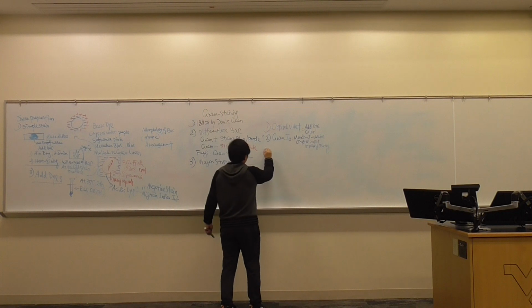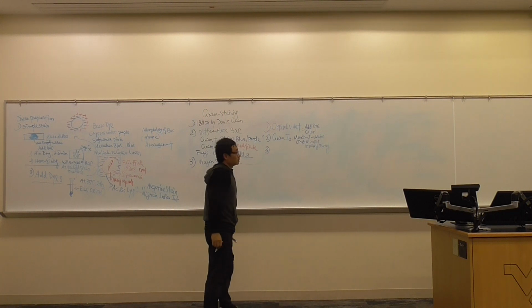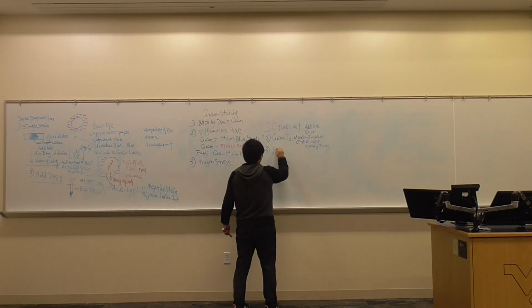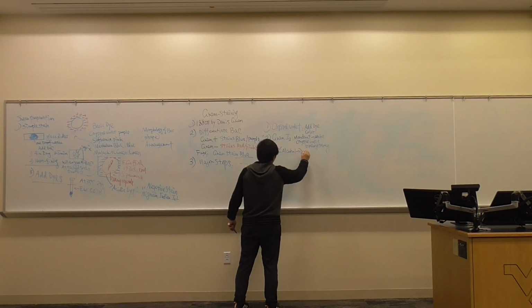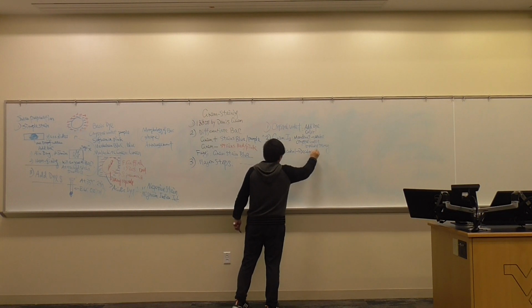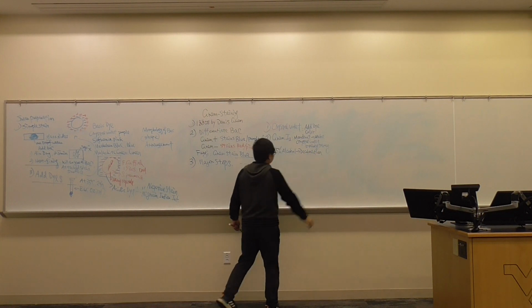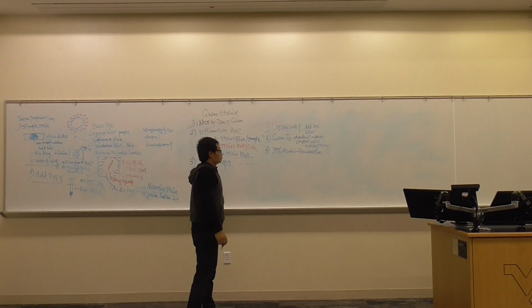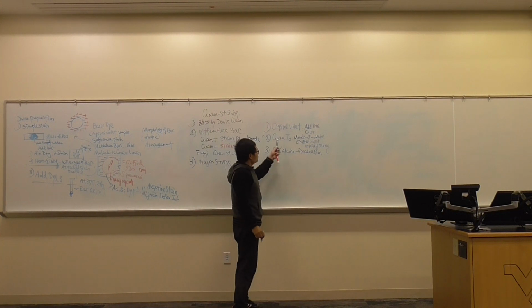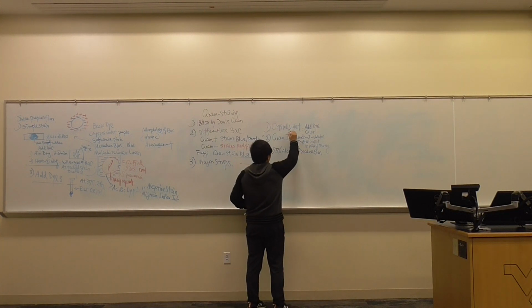Okay, the next step is very important. We're using 95% alcohol to do decolorization. These 2 steps, basically we do 30 seconds.